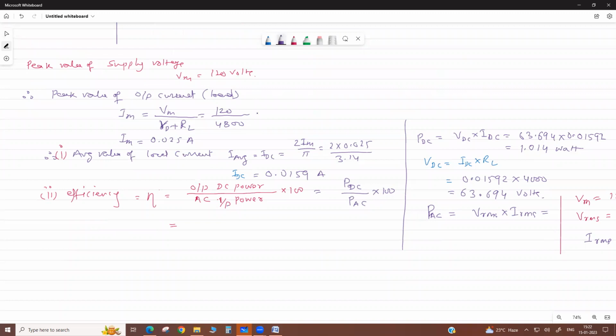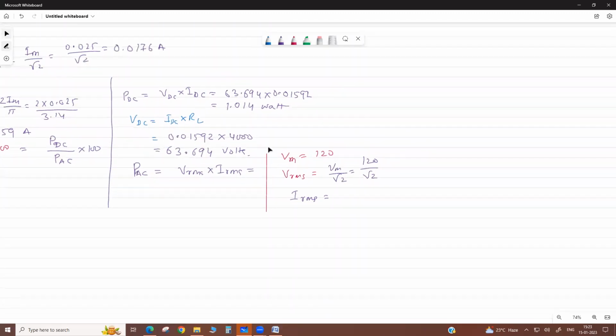Now we also calculate the RMS value. What is the IRMS? For full wave, it is Im by √2. So Im is 0.025 divided by √2. What is the value? It is 0.0176 ampere RMS value.